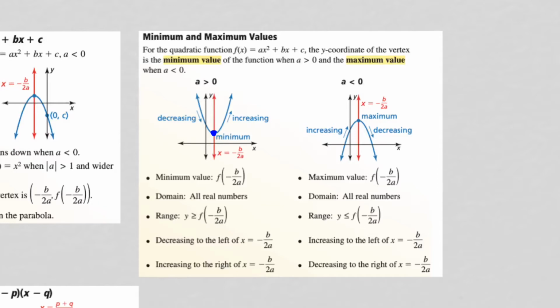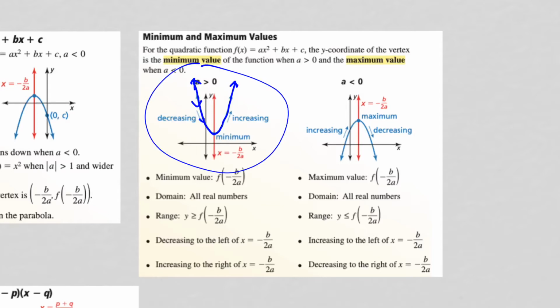All right, and then we're going to talk about decreasing and increasing. So you're decreasing if you read the graph from left to right. In this graph right here, if I'm coming in from left to right, I'm going down, I hit the vertex, and then I go up. If you think of it like your slope, your decreasing slope is when you're going down.